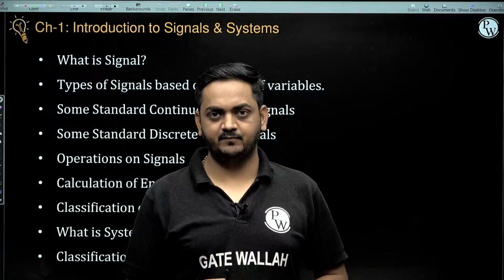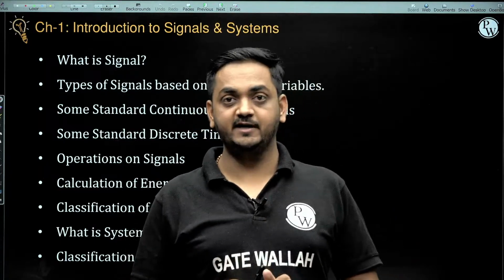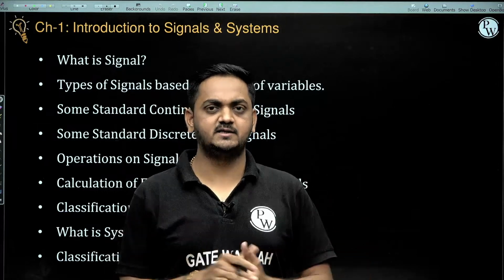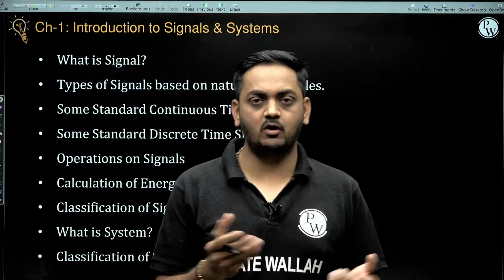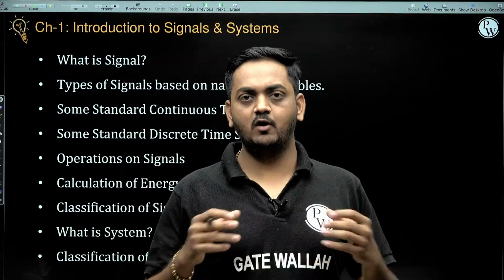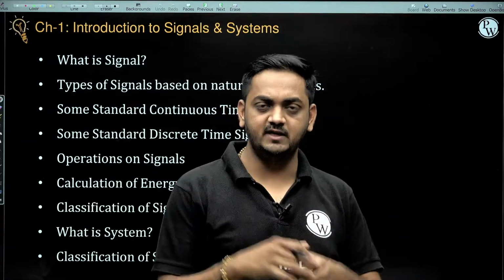Or we can say signal is an indication by which some amount of information is conveyed from one place to another place. Or we can say signal is a function. In mathematics, signal is a function of one or more independent variables. So these are the various definitions of the signal.